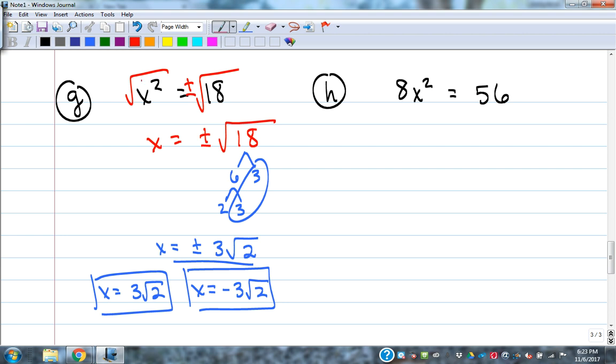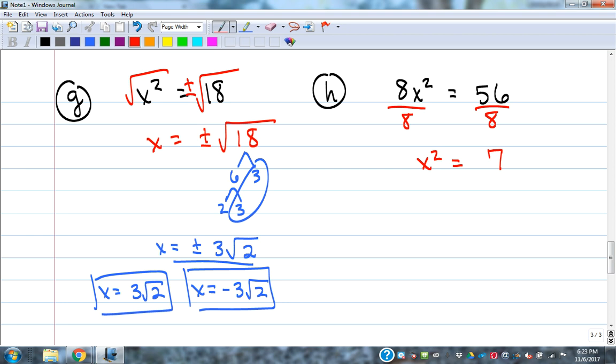How do you get x squared by itself? Divide by 8. 56 divided by 8 is 7. Okay. Then x squared's by itself now.